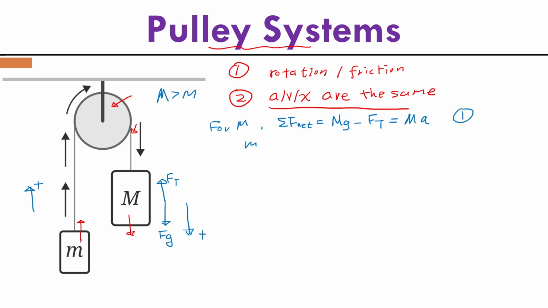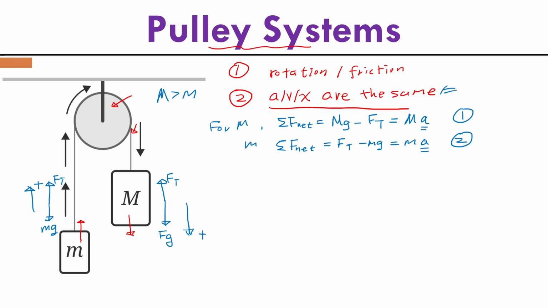And for small m, we can do the same. We know the tension is going up and gravity is going down, right? So for small m, my net force is tension minus small mg equals small m times acceleration, which is my equation 2. Remember, these two accelerations have to be the same.